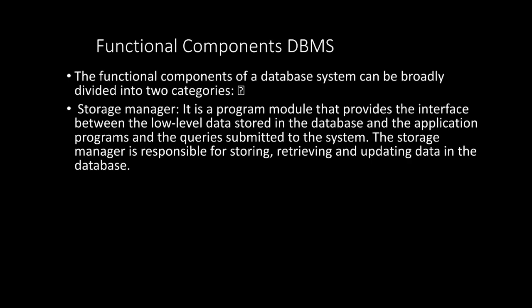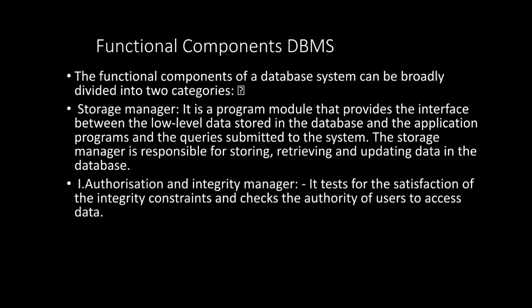So it has four components in it. What are those four components? First is the authorization and integrity manager. So what does this authorization and integrity manager do? He ensures that the integrity constraints are enforced. What are these integrity constraints? Integrity constraint is a condition. He checks whether the condition is satisfied or not.